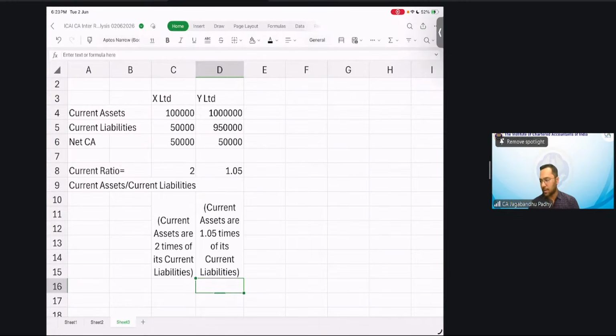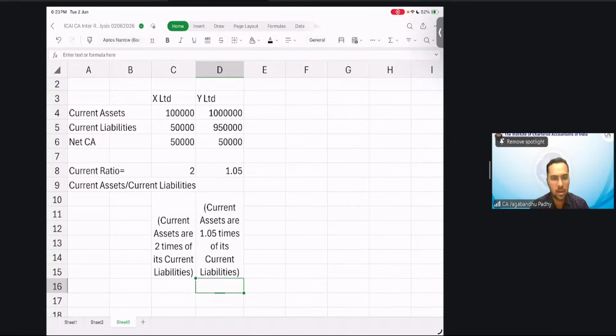So where do you find that there is a greater cover, guys? X, right? Because the current assets are simply double the current liabilities.